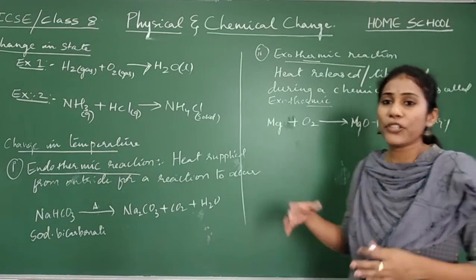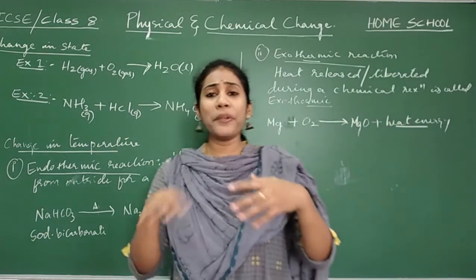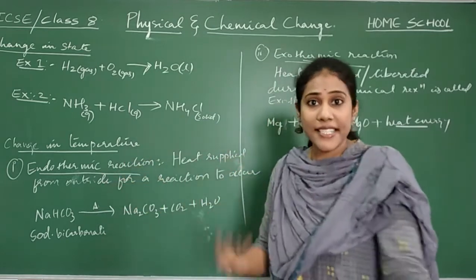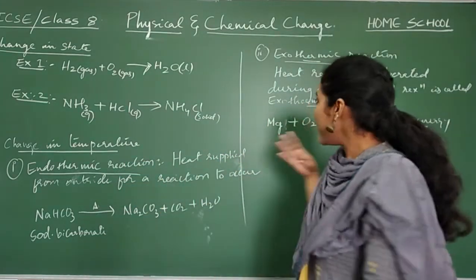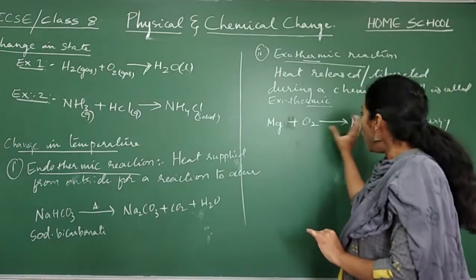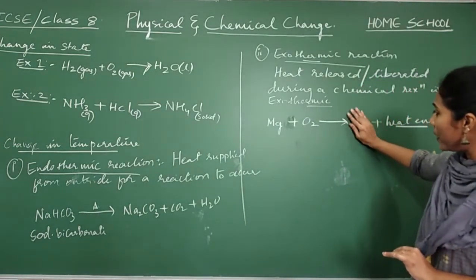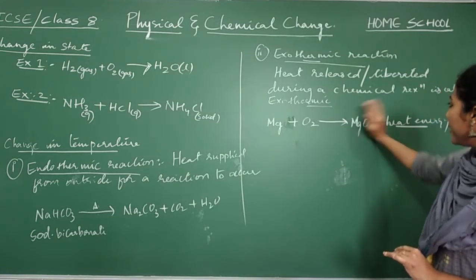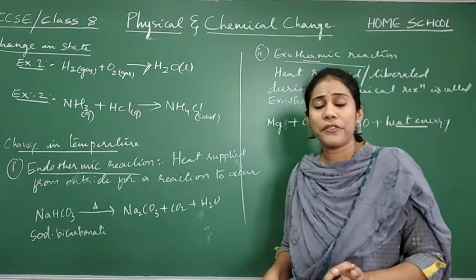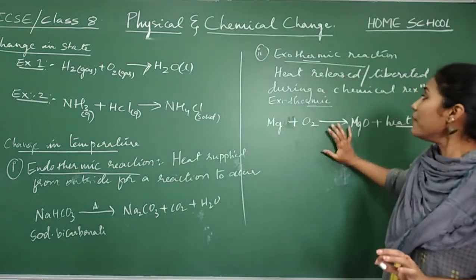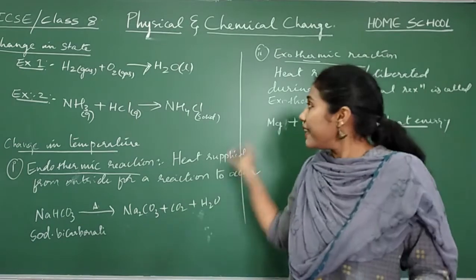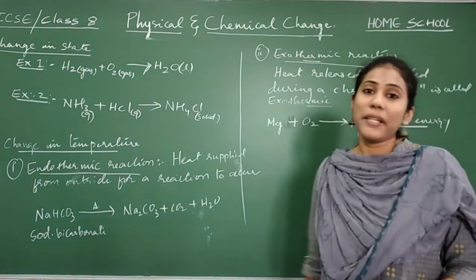Whenever this MgO is formed, you will observe a brilliant bright light with lots of heat. You can sense it. So what is happening? When Mg is combining with oxygen, automatically when the product is forming, along with the product you will observe a lot of heat liberated outside. So such a reaction where heat is released during a chemical reaction is called exothermic reaction.